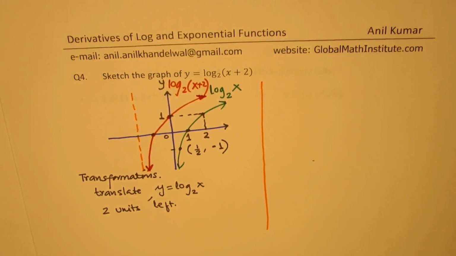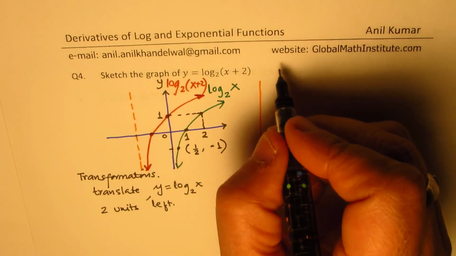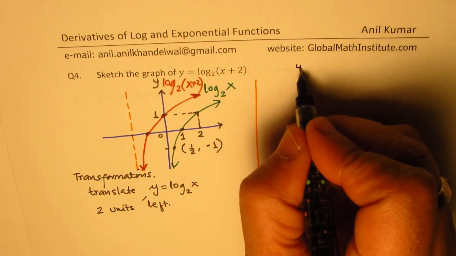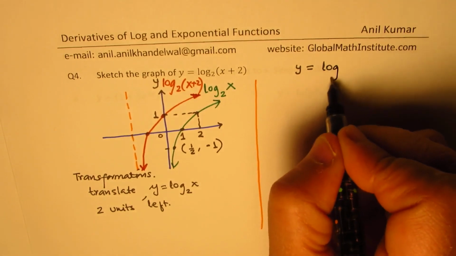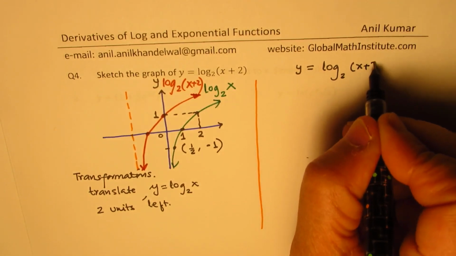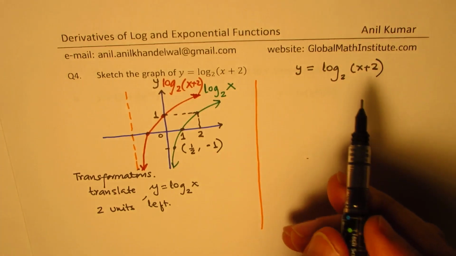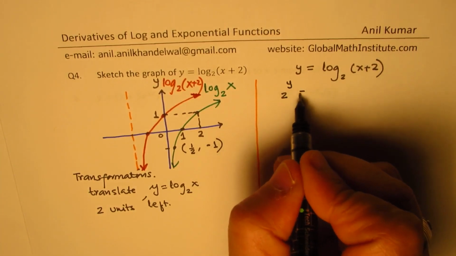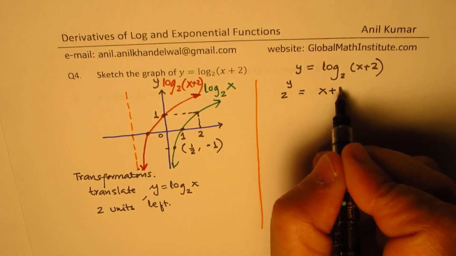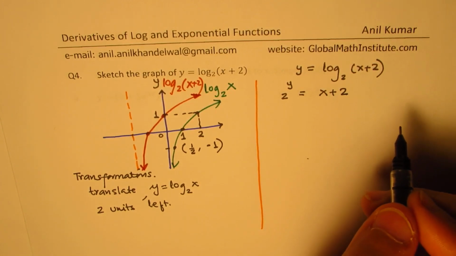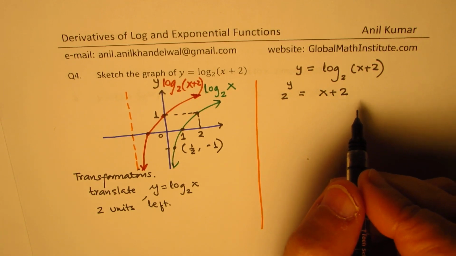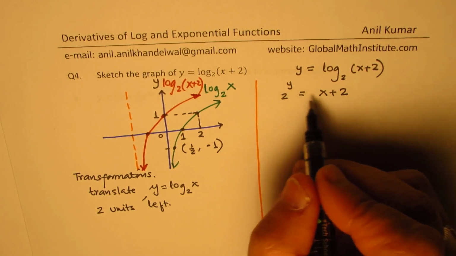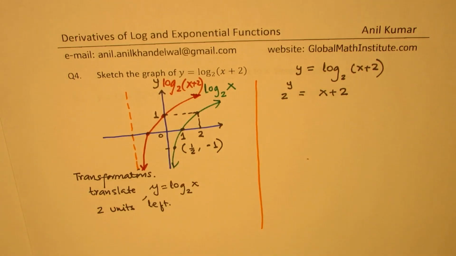The second method which I am going to show you is to get the set of points, right? So we will again work with this function, which is log to the base 2 of (x plus 2). We can write it in exponential form: 2 to the power of y is equal to x plus 2, right? So for different values of x, we can calculate the values of y, or for different values of y, we can calculate the values of x, right?